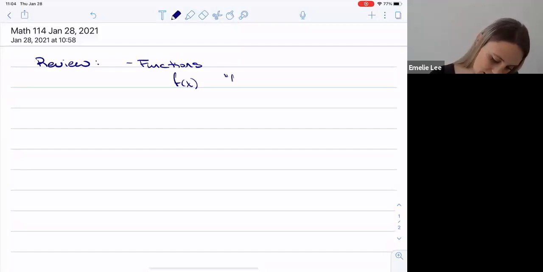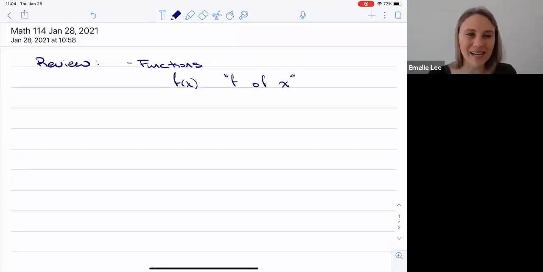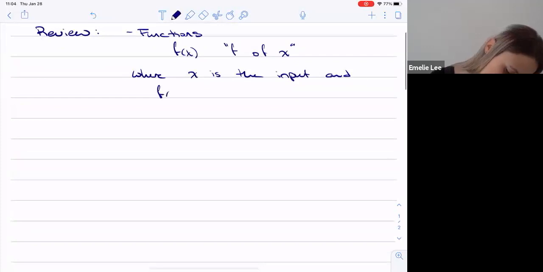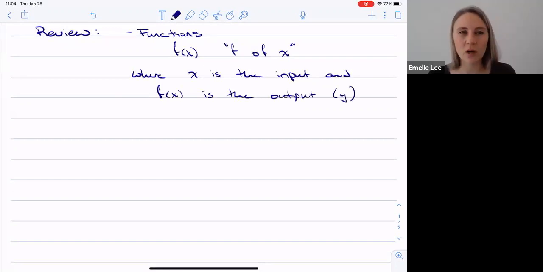You read this as f of x, where x is the input, and f of x is the output, which you can usually use interchangeably with y, if we're working on an xy plane.